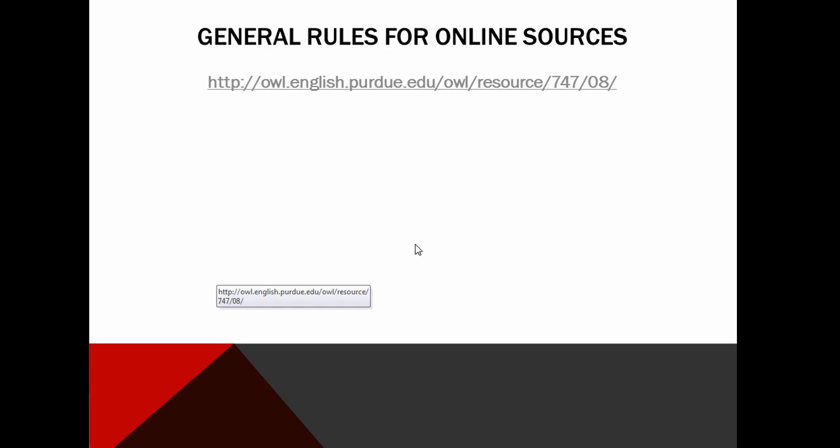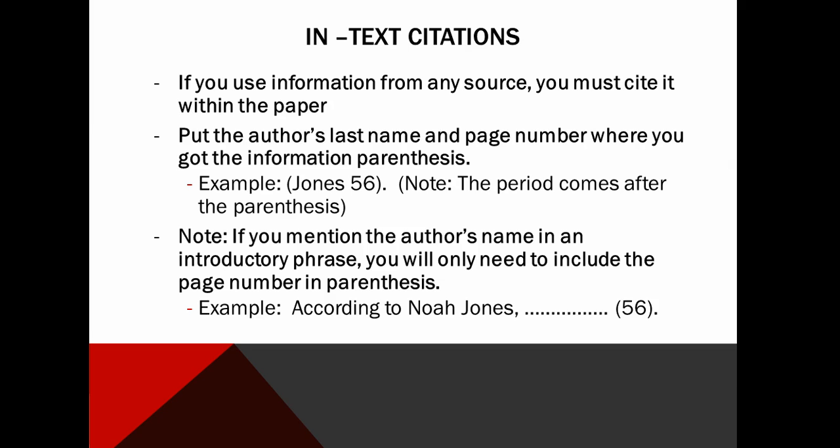In addition to the works cited page, we also have to cite our work while we are writing our paragraphs. Remember, if you use information from any source, it has to be cited within the paper. To do that, here are some basic steps. You're going to put the author's last name and page number where you got the information in parentheses following the quote.